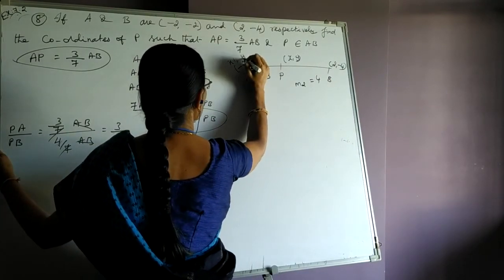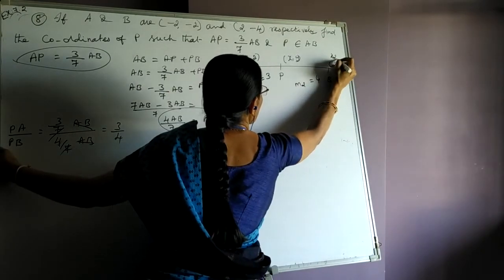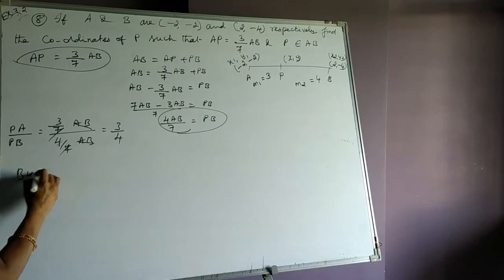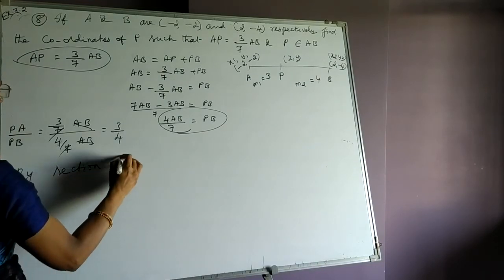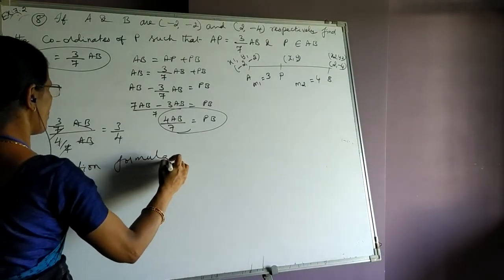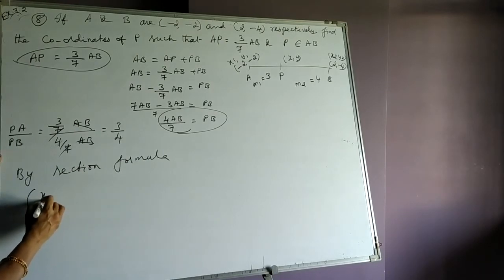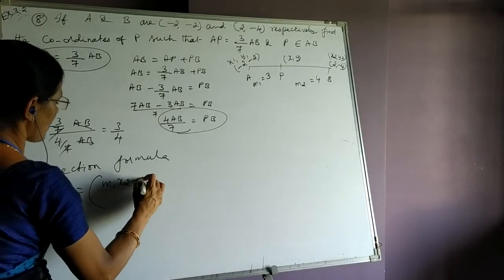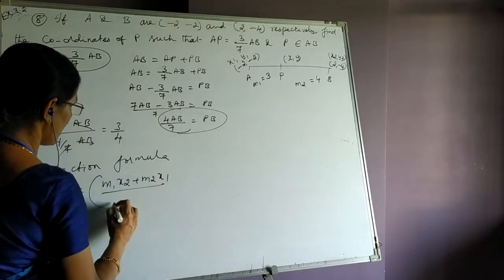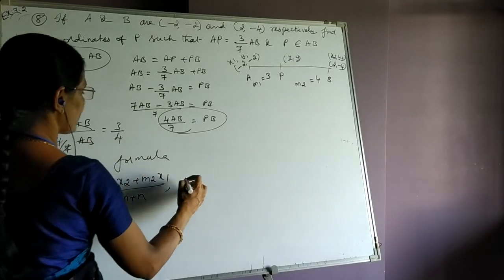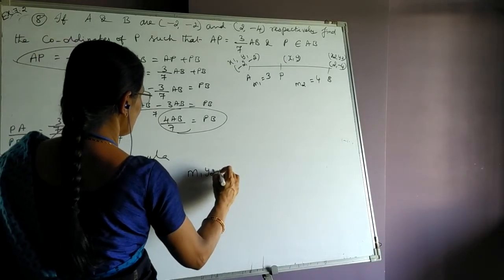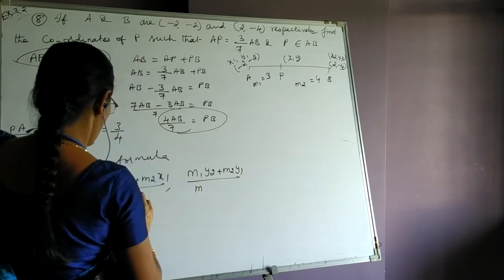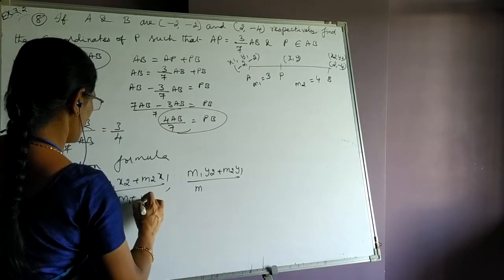As usual, this is x1, y1 and this is x2, y2. Now we are going to use the section formula. By the section formula, hope you remember the section formula we have done, x, y is M1 x2 plus M2 x1 upon M1 plus M2, M1 y2 plus M2 y1 upon M1 plus M2.